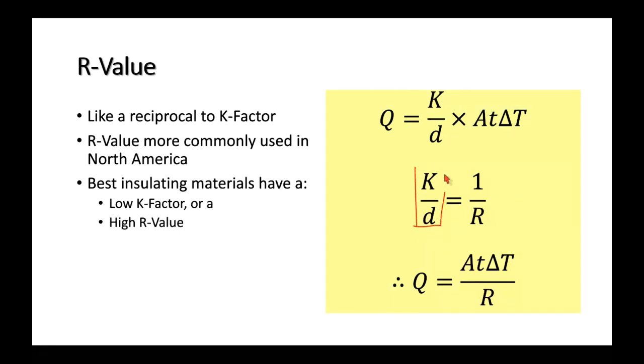Okay, so here's our K over D thing again, and K is something that is very common in Europe. In Europe, they're more about first principles, and thermal conductivity makes perfect sense to the European mind. Whereas the North American mind likes to use this kind of shortcut.